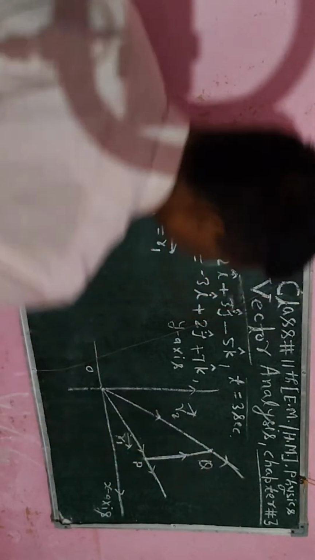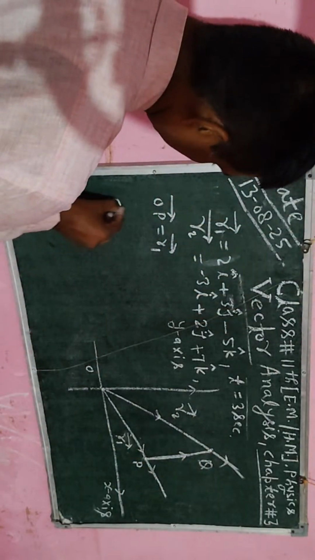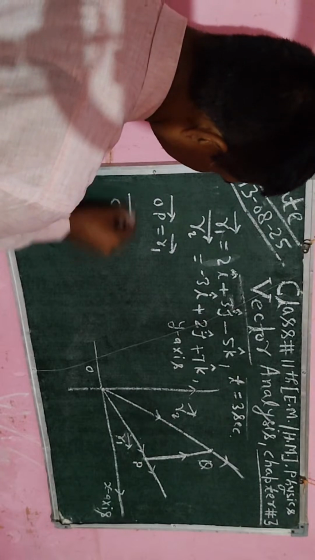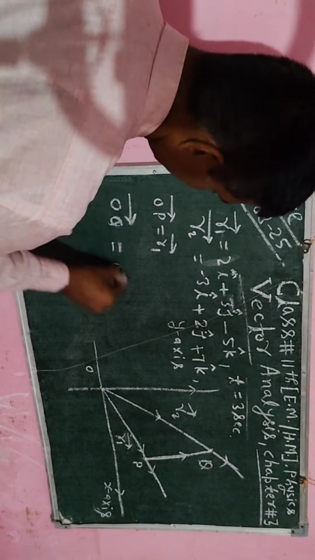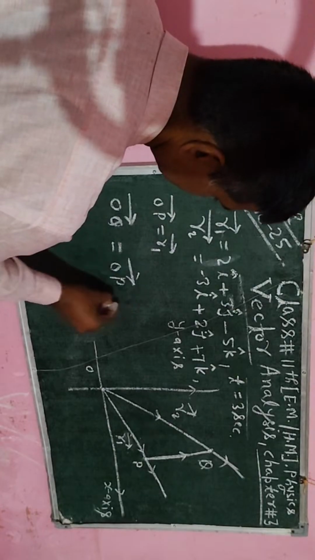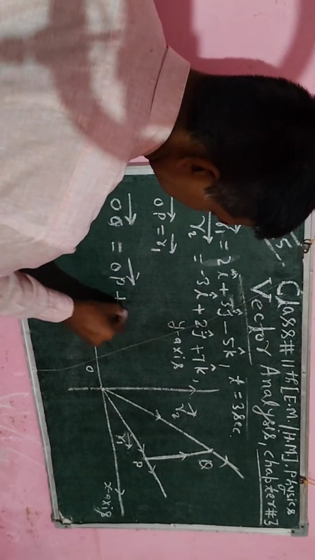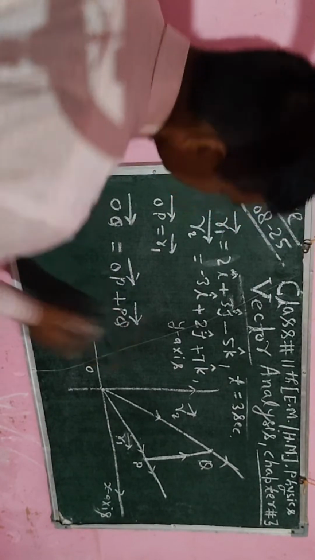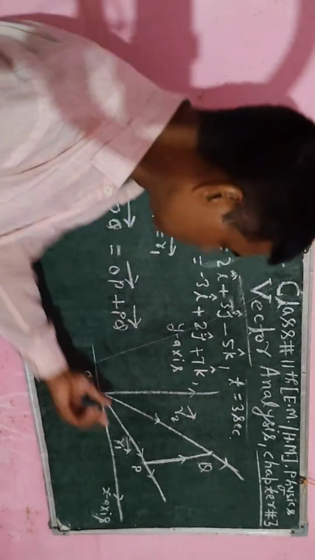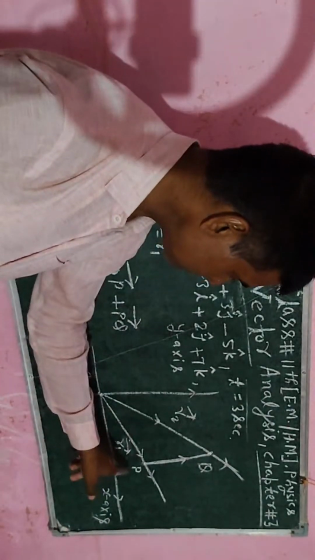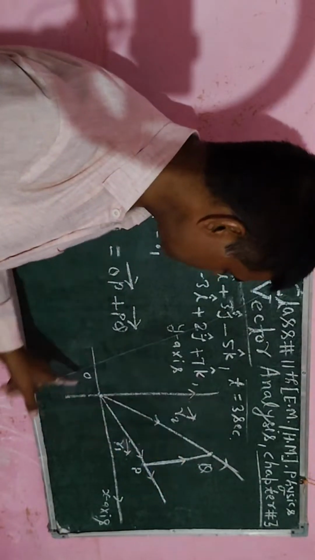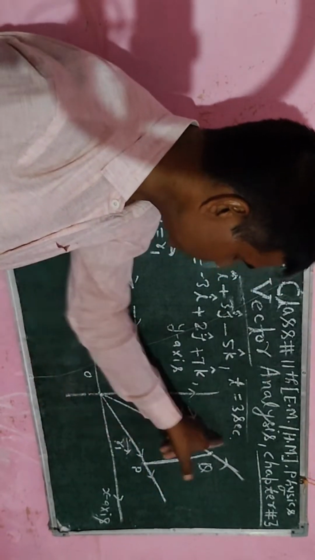In the triangle, OQ can be written as vector OP plus vector PQ.